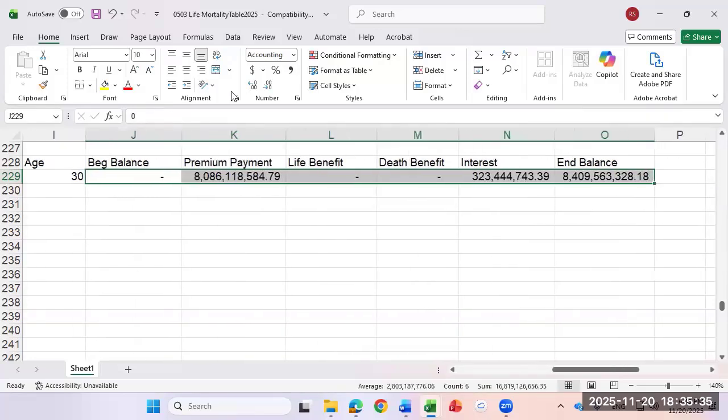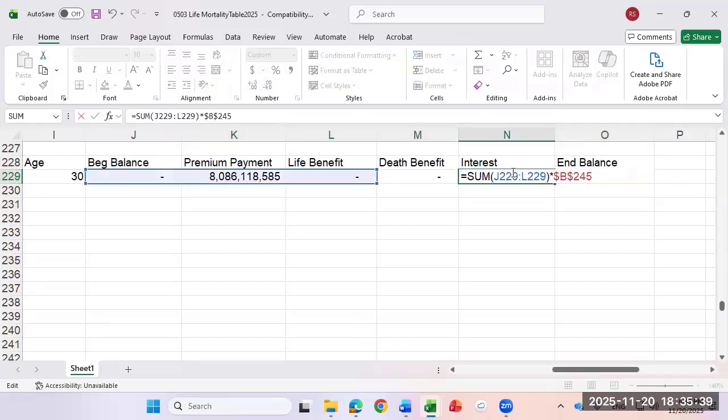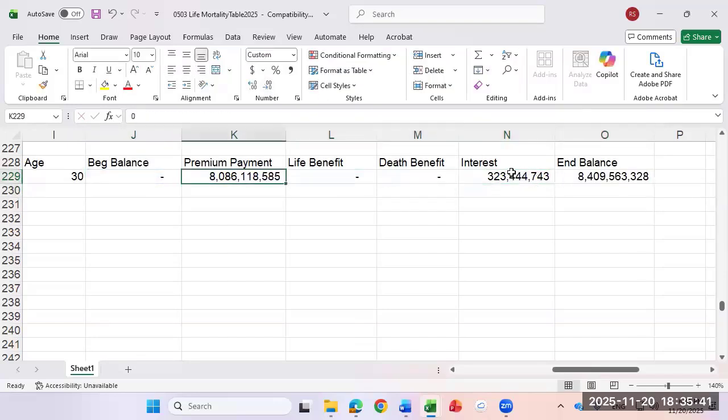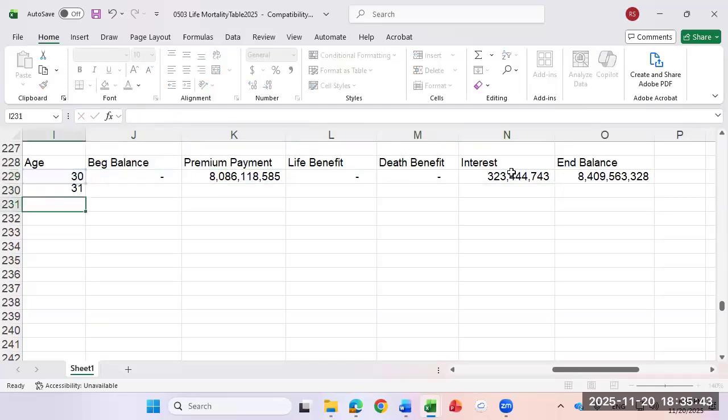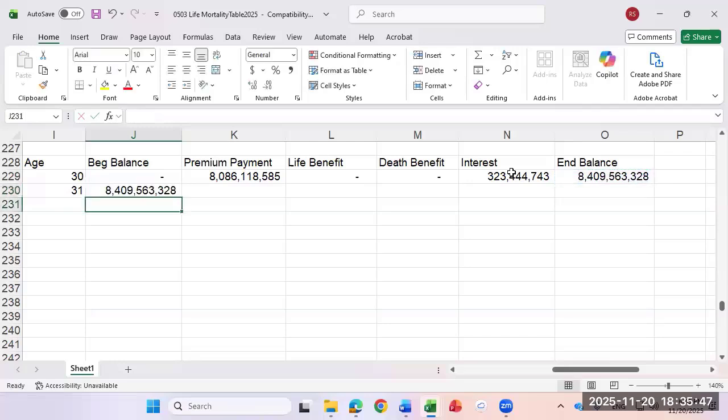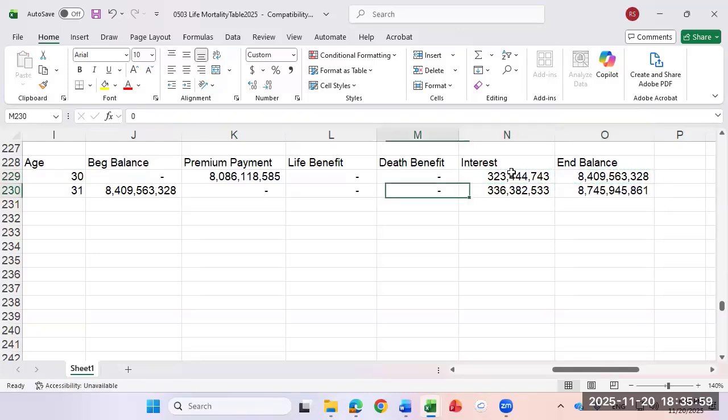We don't need decimals, I don't think. And we're going to lock in this interest rate. So beginning balance is that. No premium payments, no life benefits, no death benefits, and our interest should be fine. There's our ending balance.